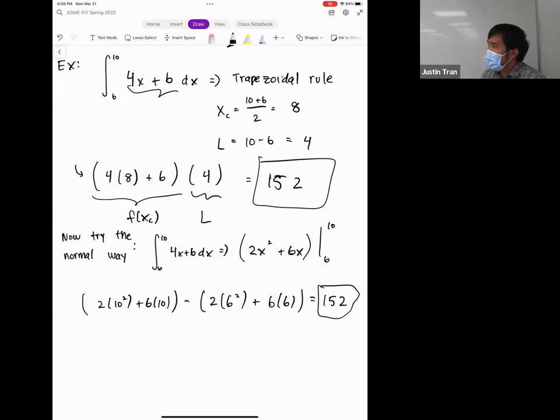I want to say it's 413 or 411 or something like that. That class is called numerical methods, and so they should go over this. Trapezoidal rule should be one of the core lessons in that class, and they go over how to estimate the error for these methods.